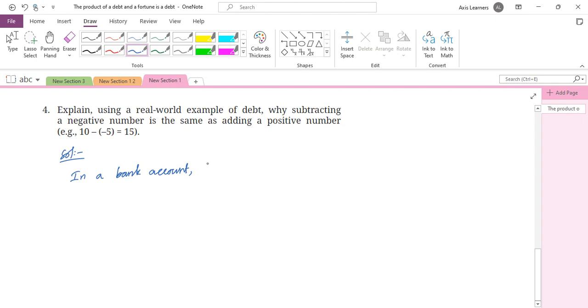But if you exceed, they will deduct a charge of 50 rupees. Or else they are charging for the maintenance.